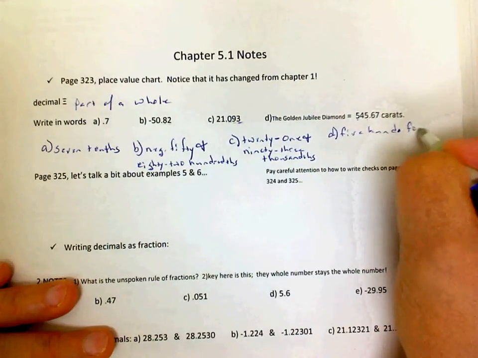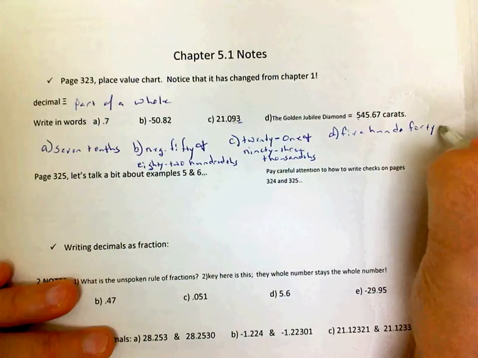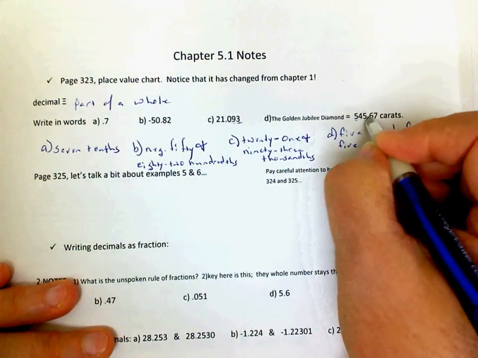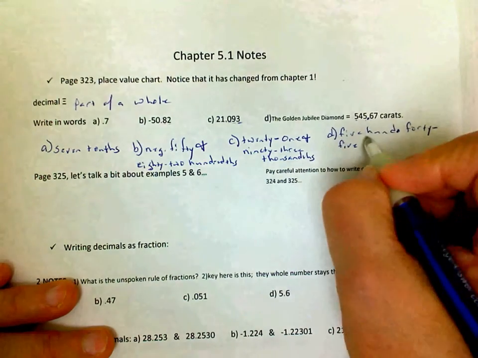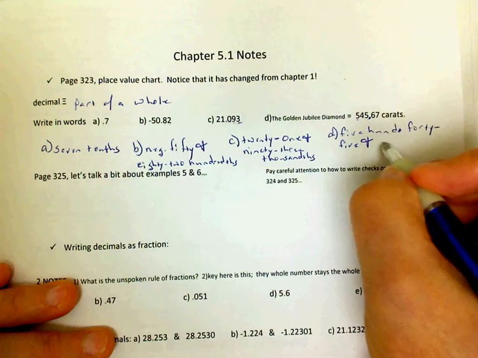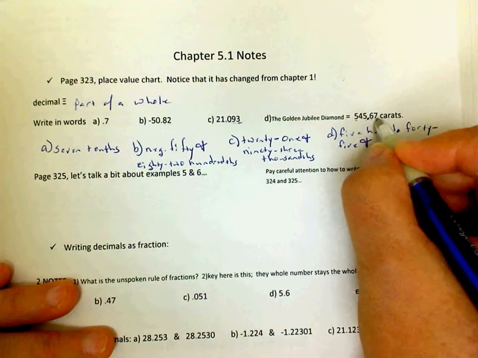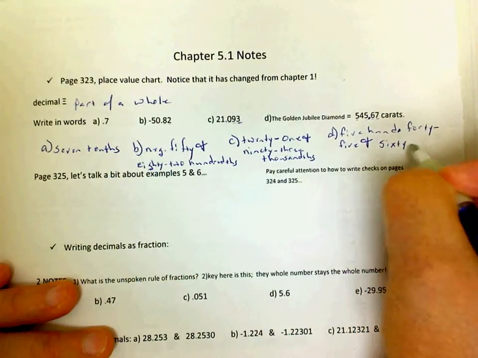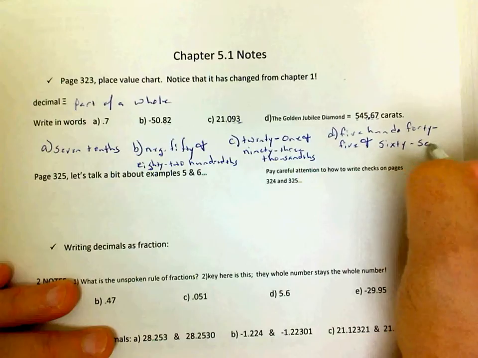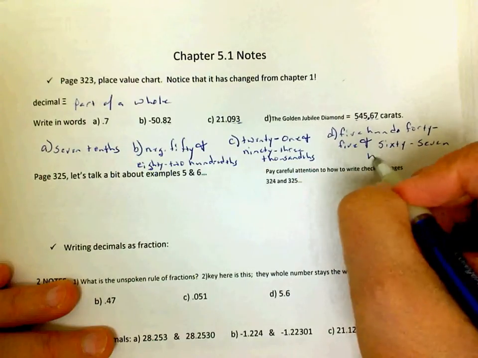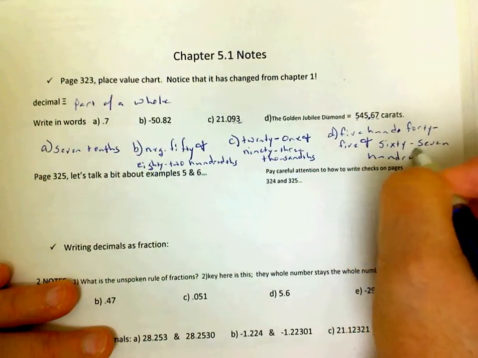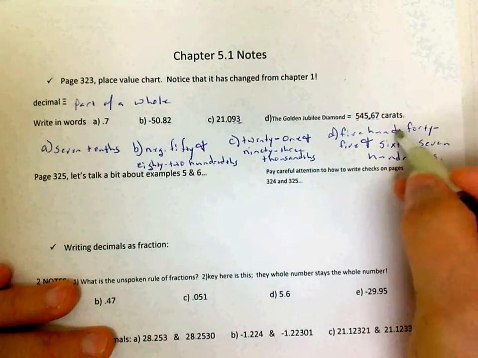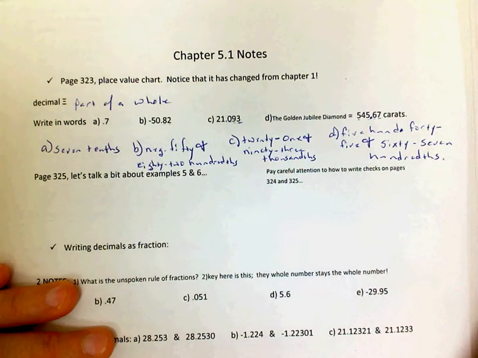Notice I do not put an and there. 45. Only where the decimal place goes do you put and. Then tenths, hundredths. So 67 hundredths. Never a shortcut when it's in the decimal placing.